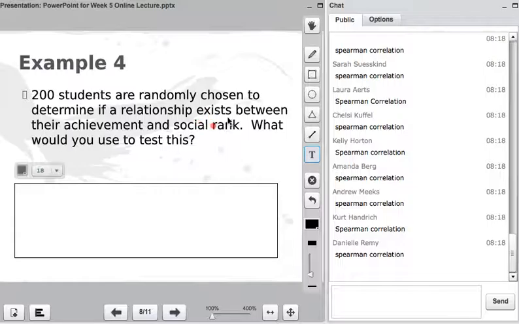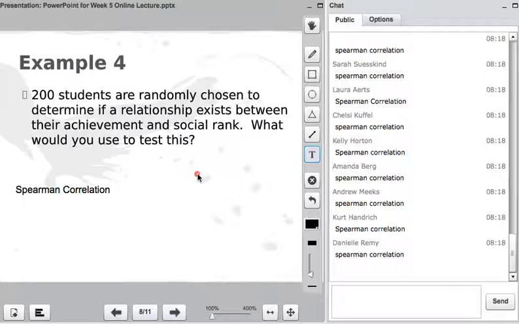It's going to be rank order, not some test on socialness. It's how they are ranked. So it's going to be Spearman correlation. And remember, if you're going to plug this into Excel, you would need to convert their achievement, whether it's their GPA, ACT scores, some random Spanish test that they took, into ordinal data first, and then correlate that with their social rank.